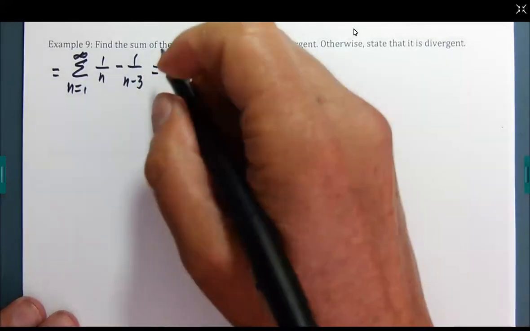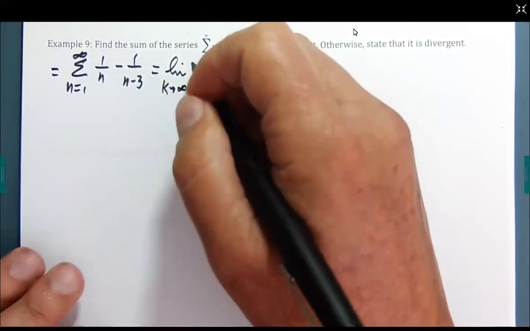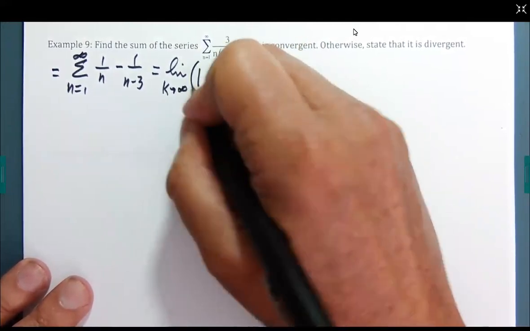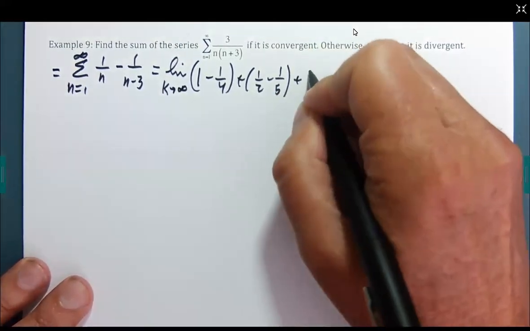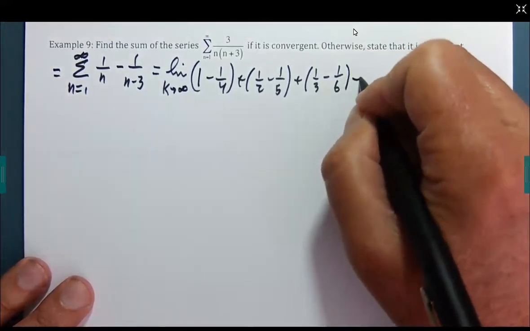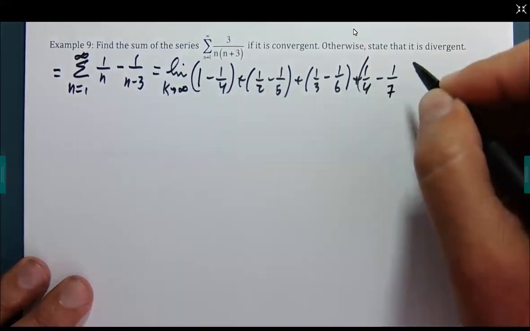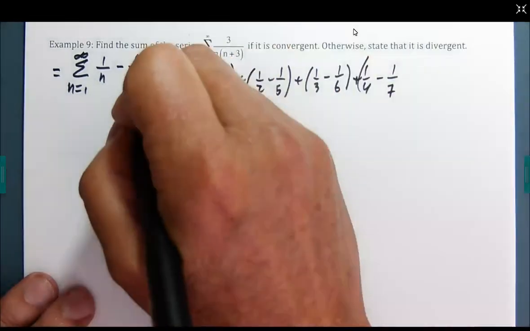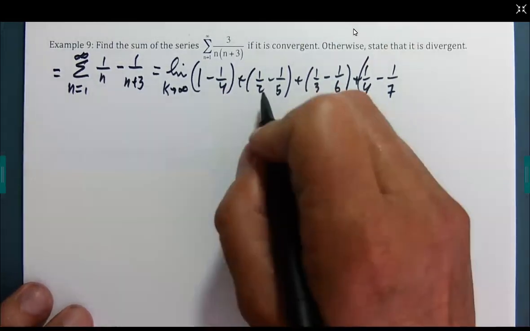And so let's start. Limit as k goes to infinity of 1 minus 1/4, plus 1/2 minus 1/5, plus 1/3 minus 1/6, plus 1/4 minus 1/7. Now, I made a small mistake. That's plus 3. And you can see they're a distance of 3 apart.